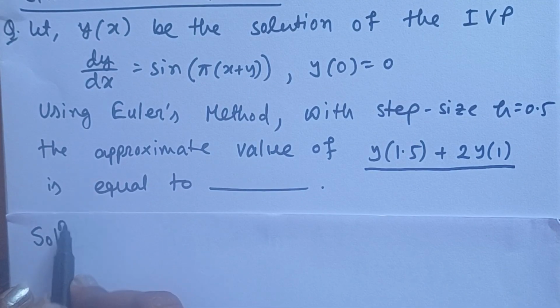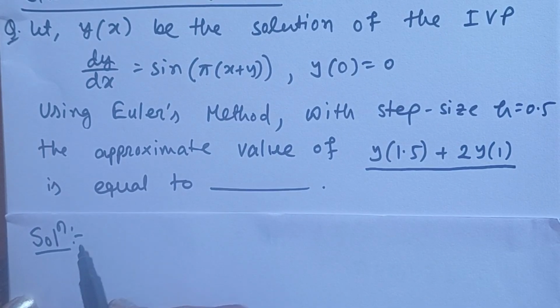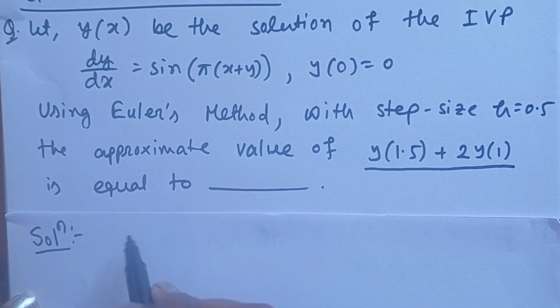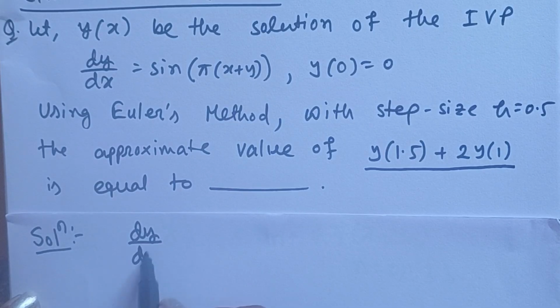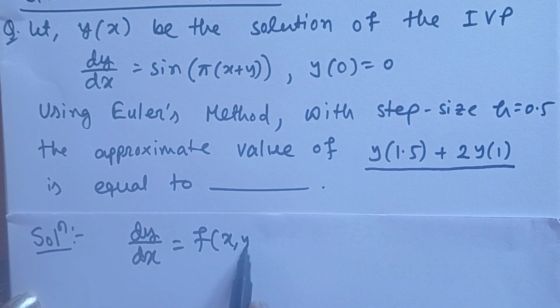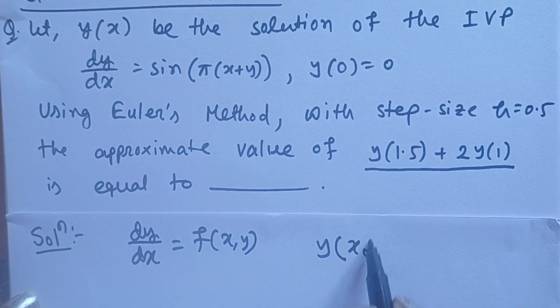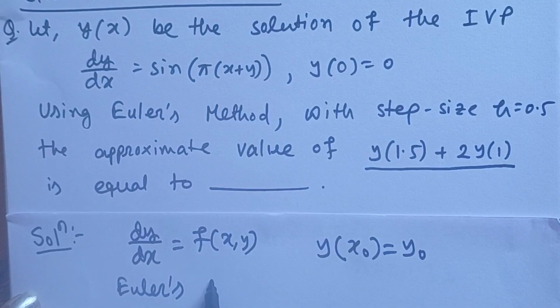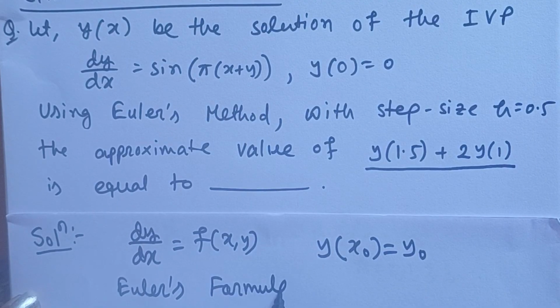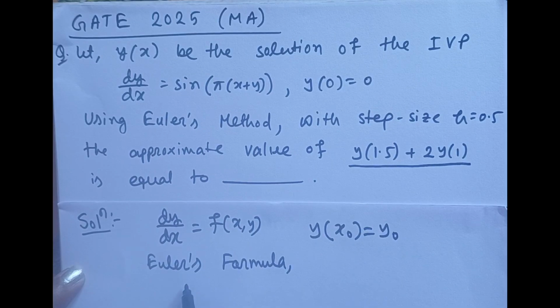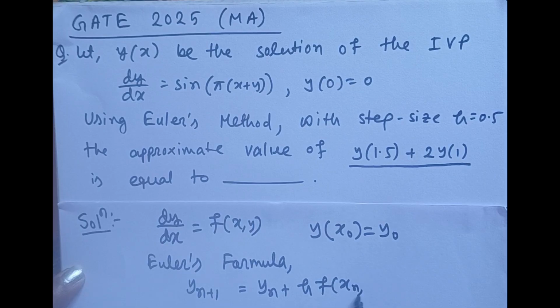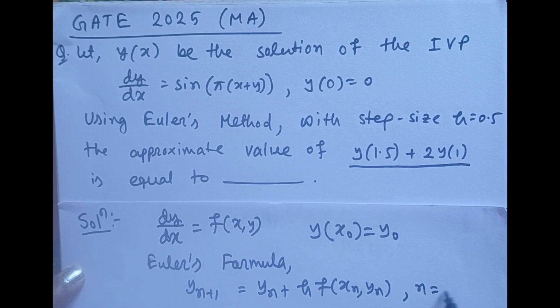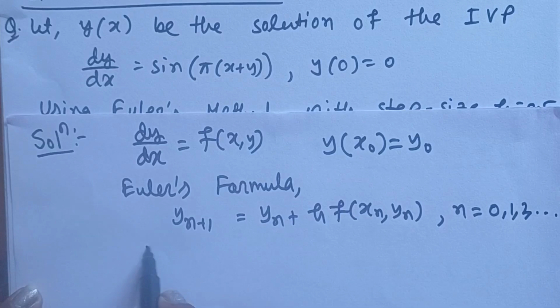Now let us start the solution. So we know that if dy/dx = f(x, y) with y(x0) = y0, then Euler's formula is y_{n+1} = y_n + h f(x_n, y_n), where n goes from 0, 1, 2, 3 and so on.